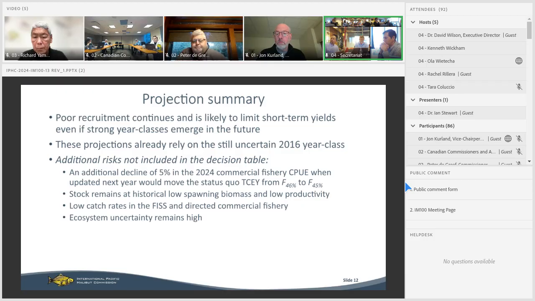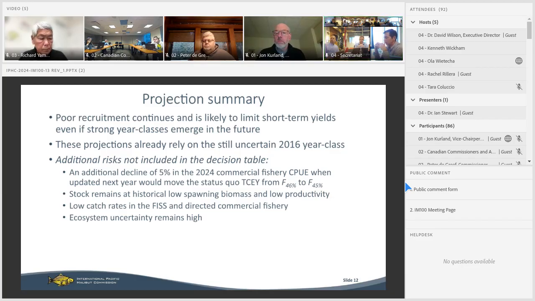Again, we're not sure this is going to happen, but we wanted to see what it would look like if we had perhaps complete logbooks right now that reflected the same trend we've seen over the last couple of years. From that, we would estimate that at the status quo TCEY, we would move from an F46 down to an F45. So perhaps a 1% change in the SPR as a function of that updated CPUE if we see a similar pattern next year and all the other data remain consistent.